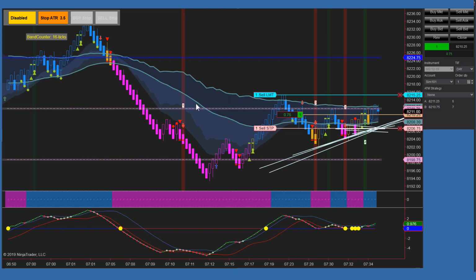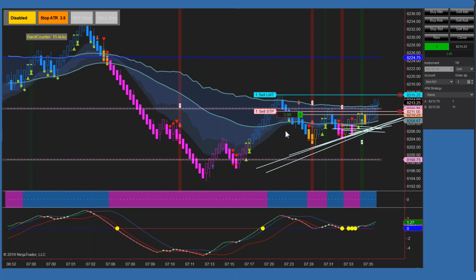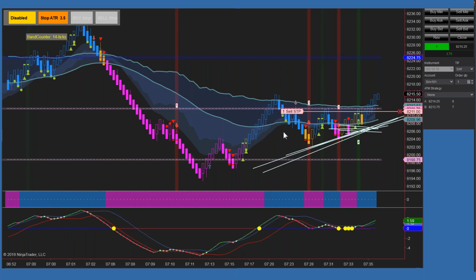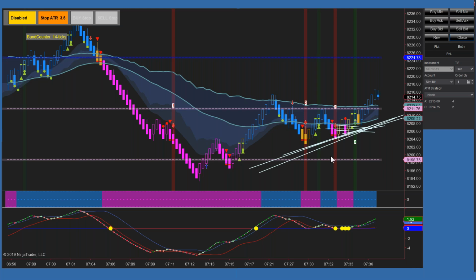This darn primary or secondary support line is holding things up or down. All right, there we go. I'll take my chances at break even now. Nice. Okay.